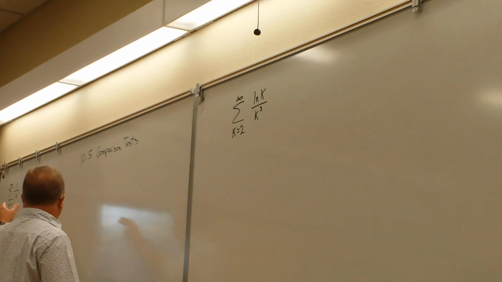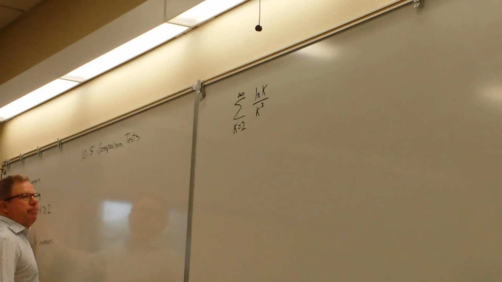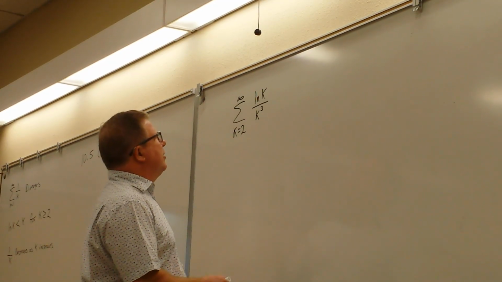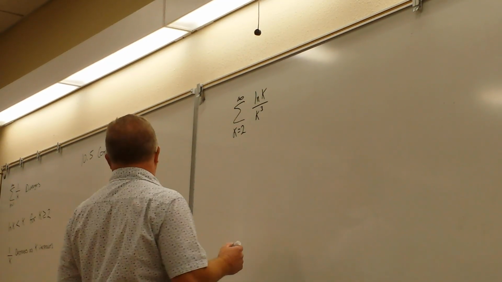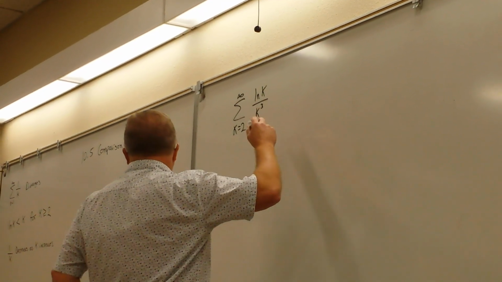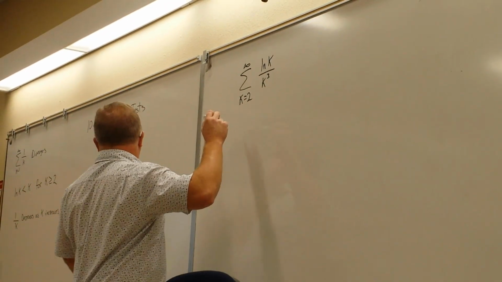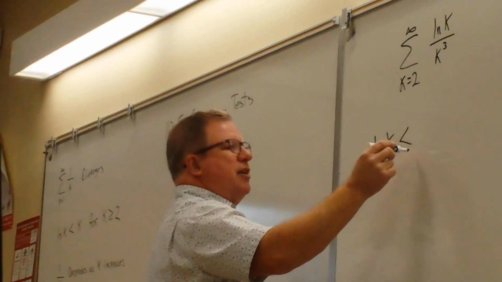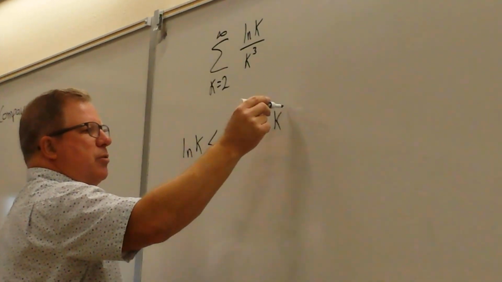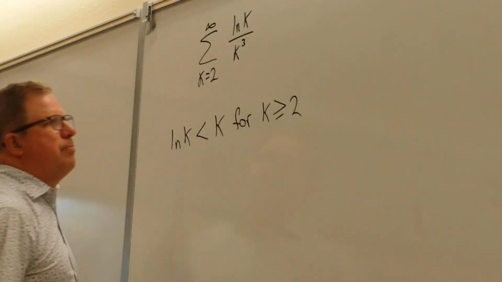So, because of this statement right here, we can say, well, let's state that there. I'm going to state that ln k is less than k for k greater than or equal to 2.